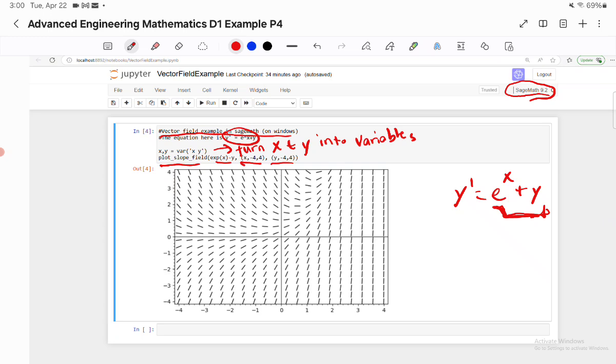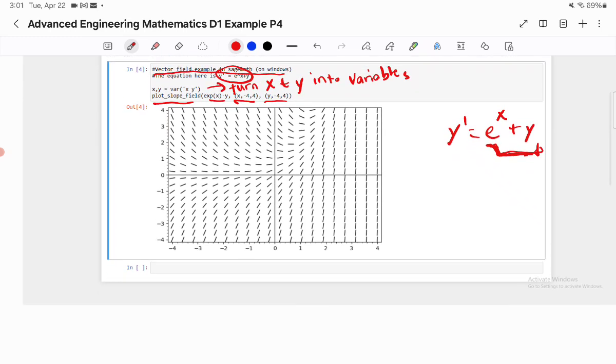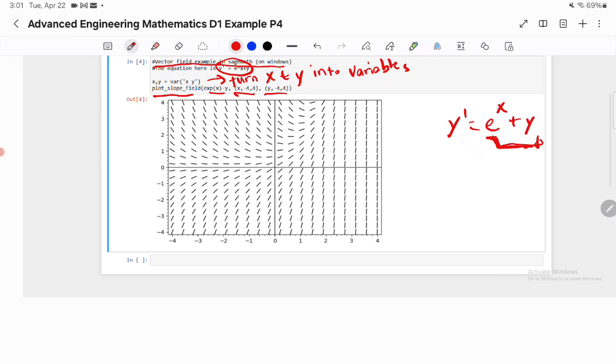Now we can actually verify that the slope field here makes sense by looking at the values of what it should be. It's easier for obviously smaller values. So let's say x equal to 0, y equal to 0 as an example. Well, if x is equal to 0, then e to the x is 1, right? E to the 0 power becomes 1, and y is 0.